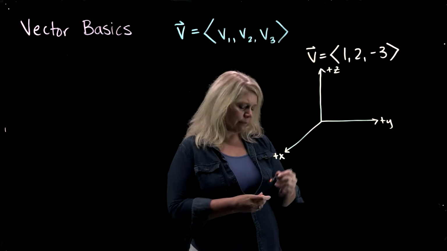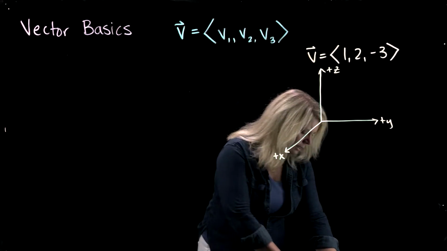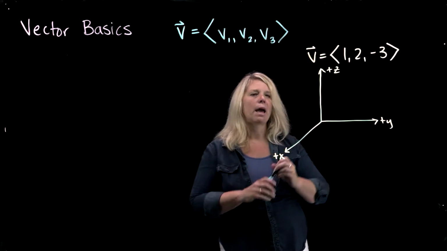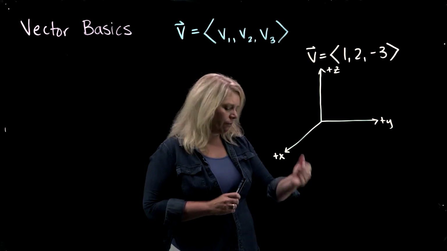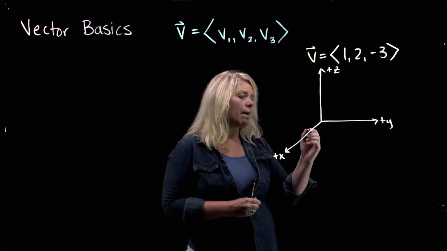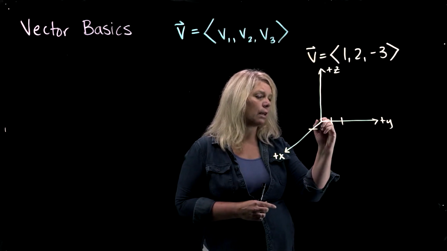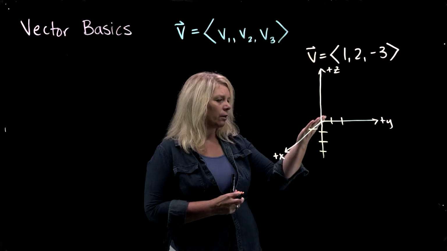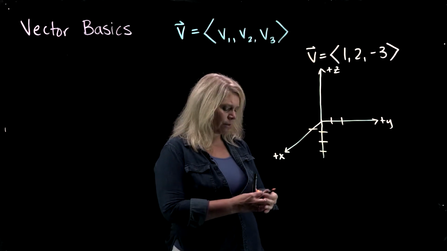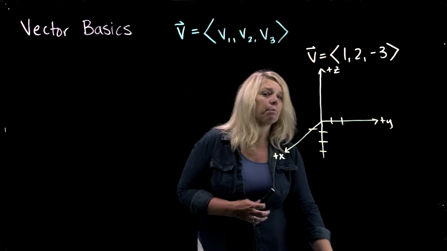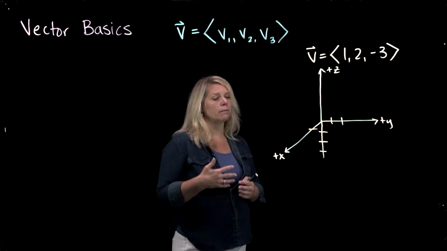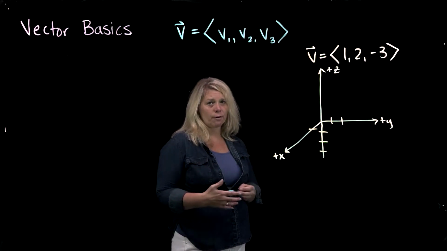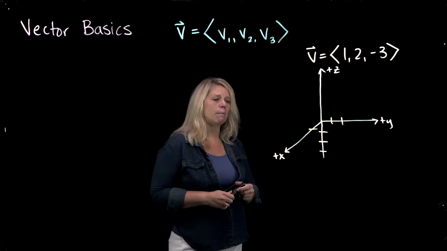And if I'm going to draw this vector, let me draw it in a different color here so we can distinguish it from the axes. I would come from the origin, I would come out 1 unit, over 2 units, and down 3 units. So let me scale off my axes here. Just like when we plotted points in R3, you have to be a little bit careful that you're making things line up correctly.